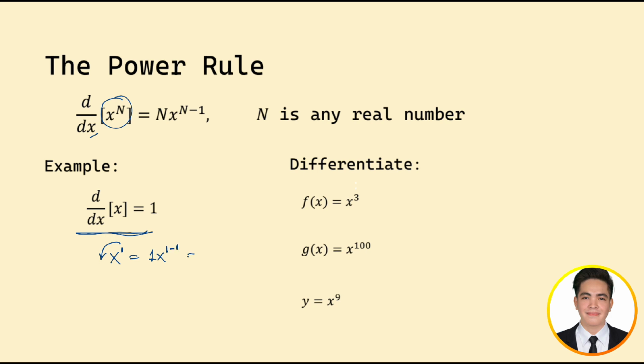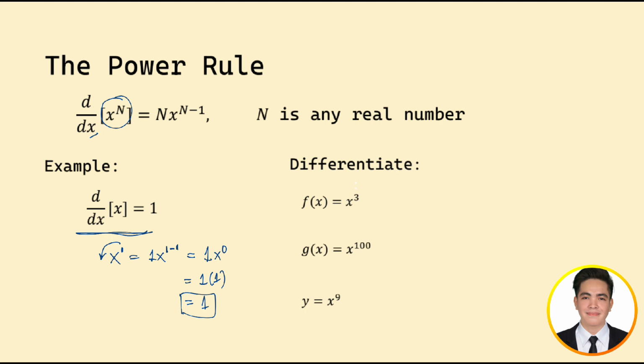And then, let's evaluate 1, x raised to 0, and take note that any number raised to 0 is 1. So simplify, 1 times 1 is 1. So we get the correct answer. So let's move on to solving some examples.